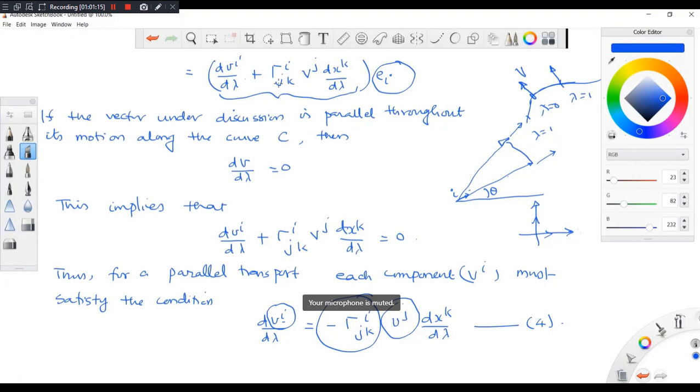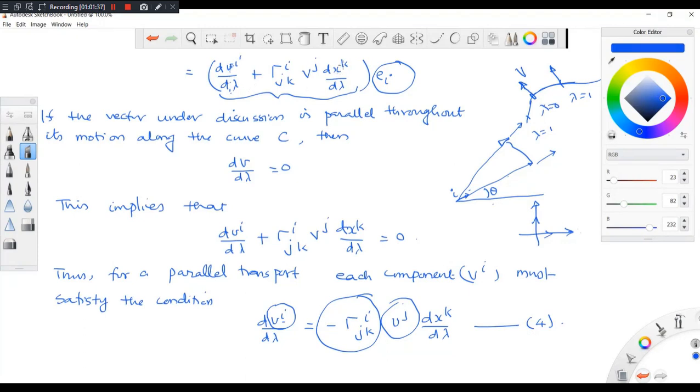Sir, in this equation number 2, they should be partial derivatives, right? Yes, partial derivative. Actually, that's why I have given there that Vi is a function of lambda only, so the total derivative will work.